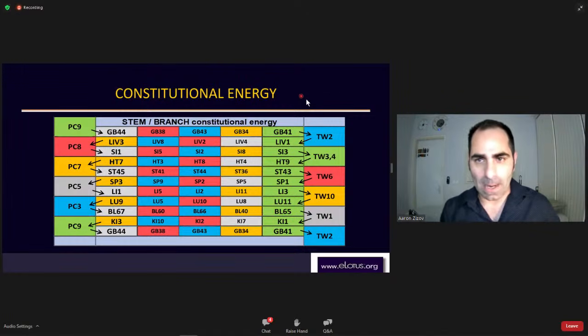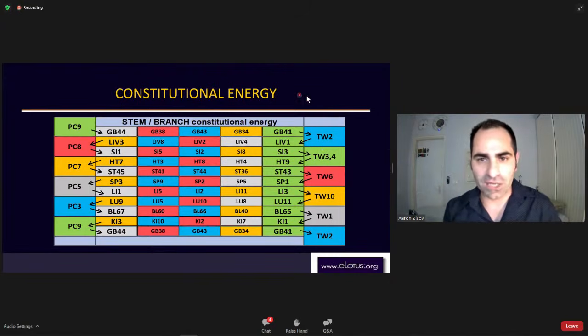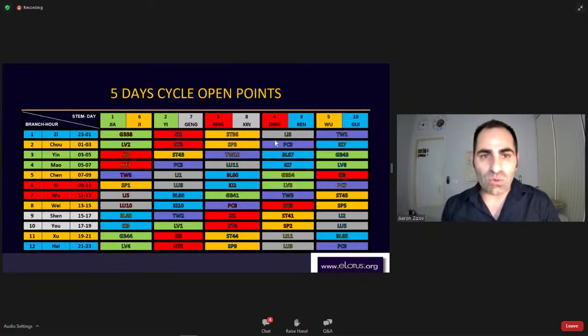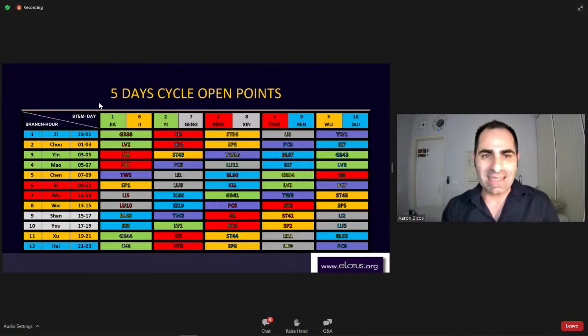Okay, so again, this is the importance of pericardium and triple warmer on their path of the channels, the internal channels. Okay, next one is the 5-day cycle open points. So basically, every 5 days, these points are reopened.